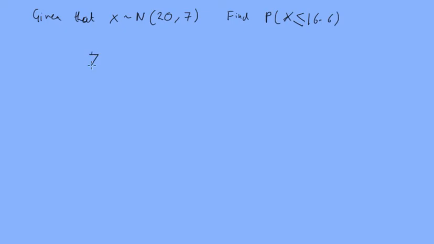So let's find out what our new variable, our coded variable z will be. We take our x, which is 16.6, minus 20 over the root of 7, and that's going to give us minus 1.285. So let's look at this.